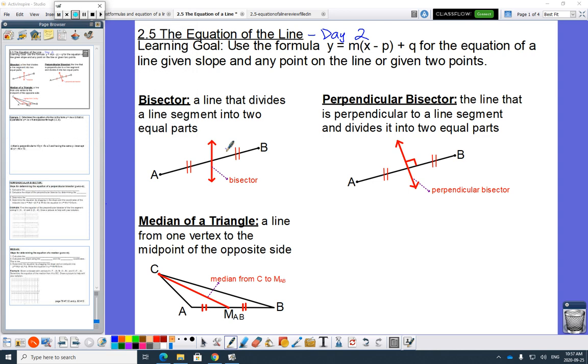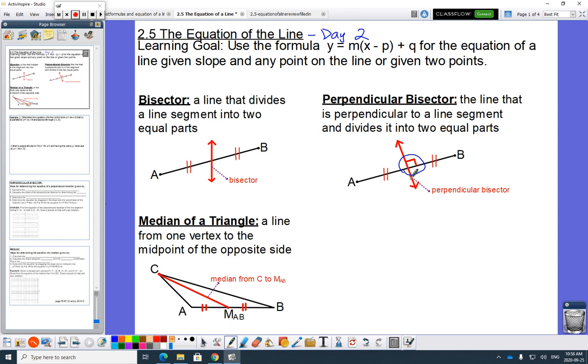Okay, so we already defined these terms yesterday, but just again, anything that's a bisector is going to cut a line in half. In grade 10, we're usually going to focus more on perpendicular bisector, which means that the line is perpendicular to the line segment and cuts it in half. And then the median is just going to cut the line in half.